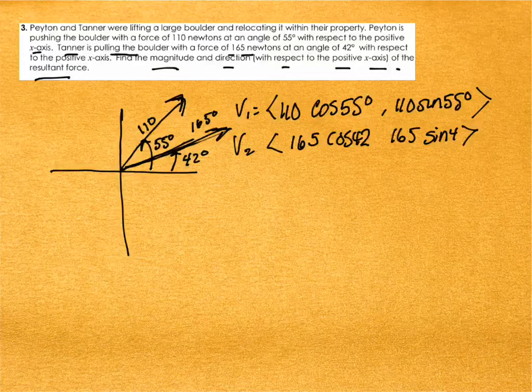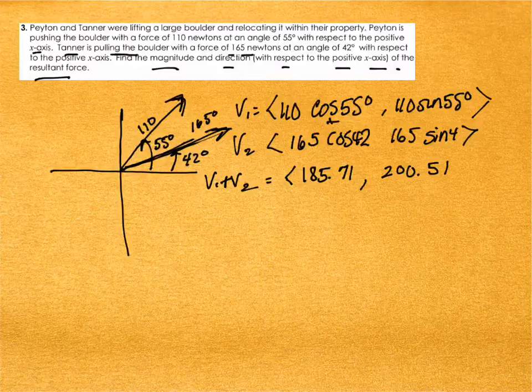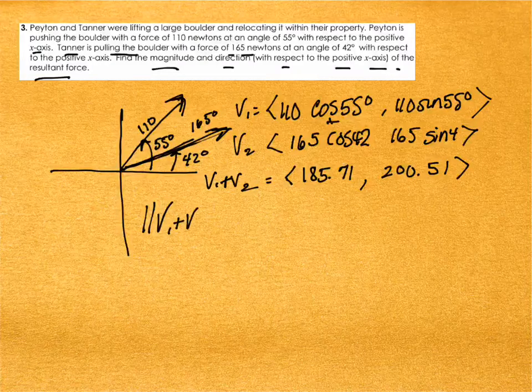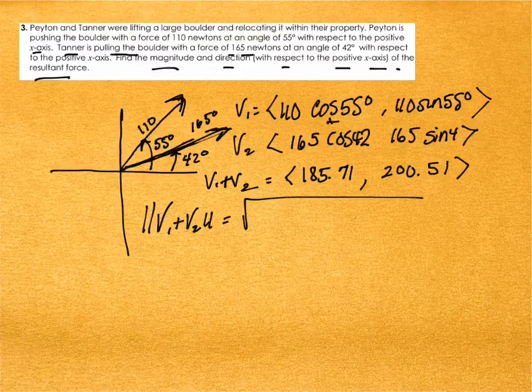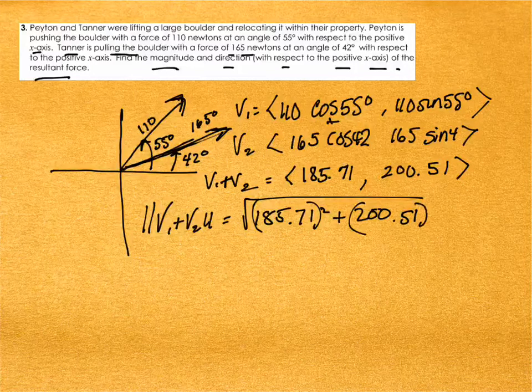Now we're going to add V1 plus V2 and do the cosines at the same time. So when you put that all into the calculator, you got 185.71 and 200.51. And so we want the magnitude, so V1 plus V2 is equal to the square root of 185.71 quantity squared plus 200.51 quantity squared.